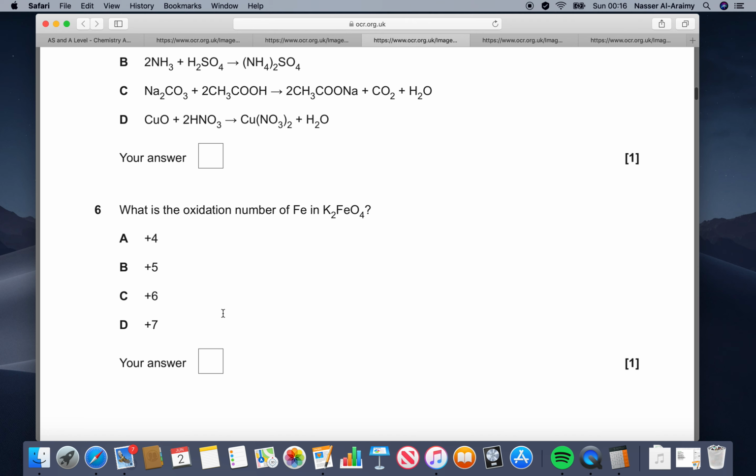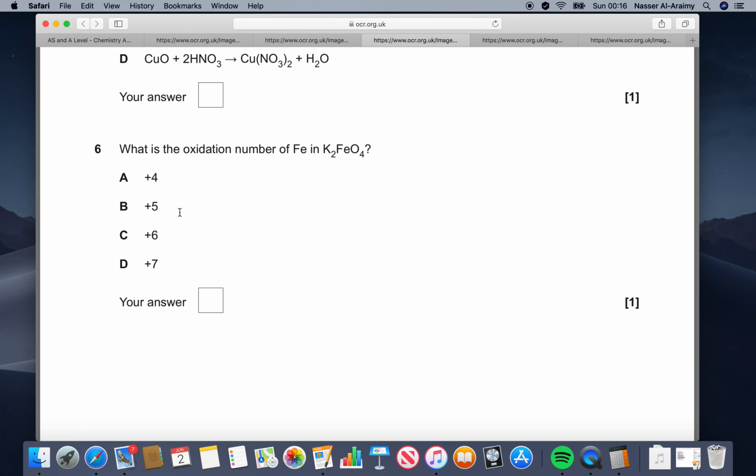And you've got your oxidation numbers here. These questions are solid gold, they're just gold if you can do them. As you know, transition metals have various oxidation states, but there are certain things that simply don't change. You've got your oxygen there, which is going to be -2. 4 times -2 would take you to -8.